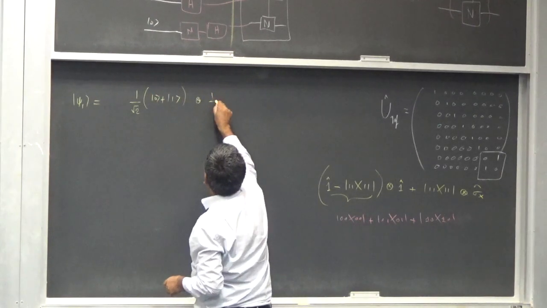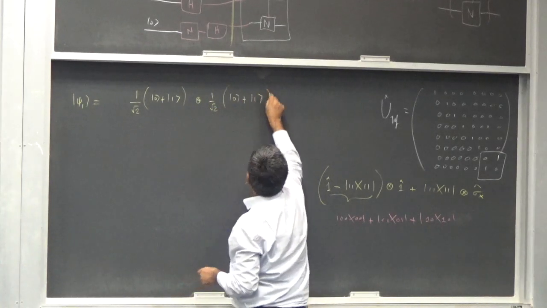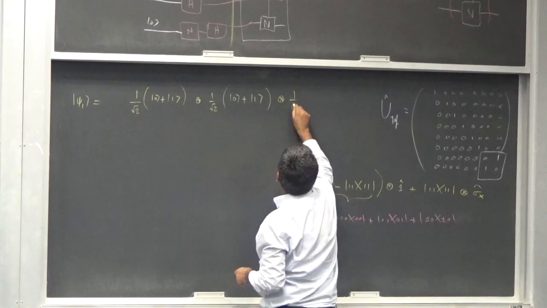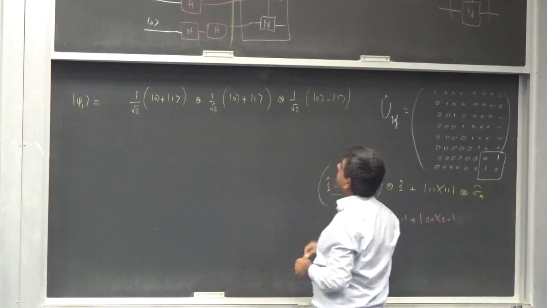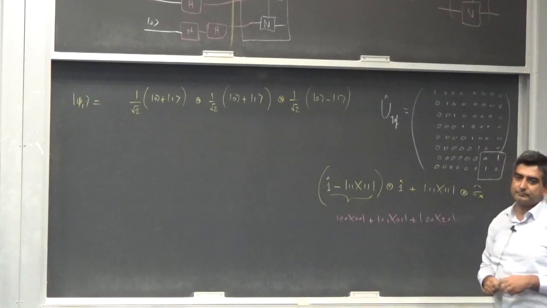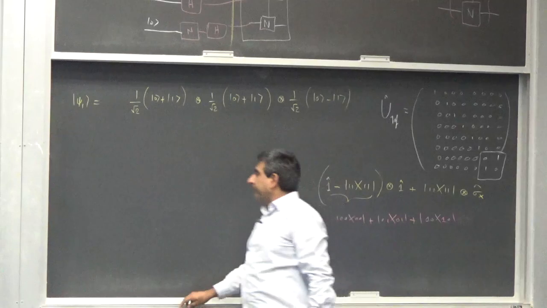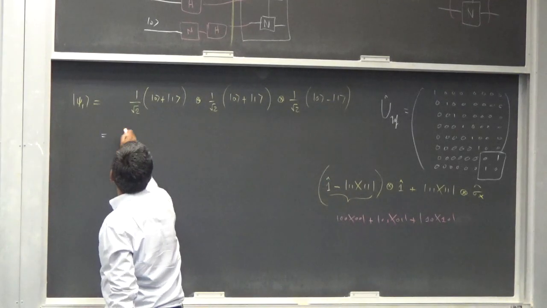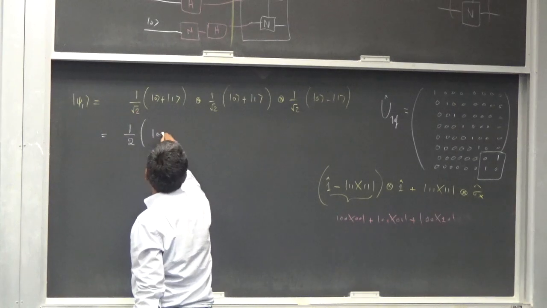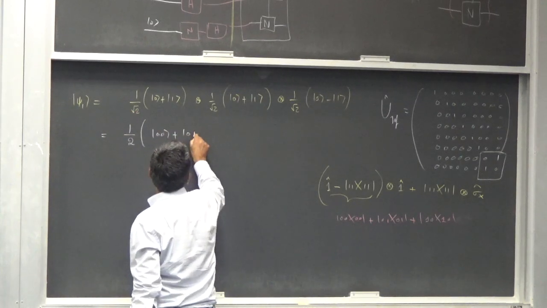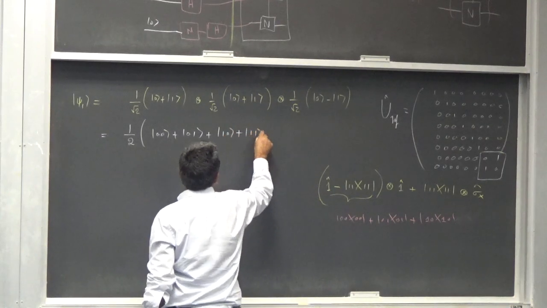Tensored with the superposition on the second qubit, tensored with the superposition 0 minus 1 on the third qubit. Correct? And if I were to combine the first two qubits, I will get 0, 0, plus 0, 1, plus 1, 0, plus 1, 1.